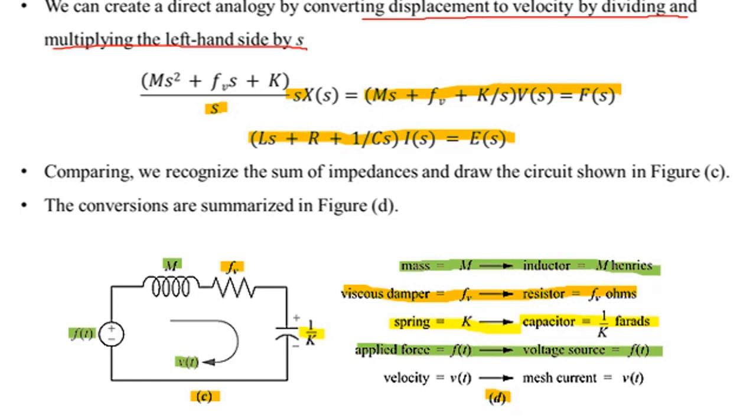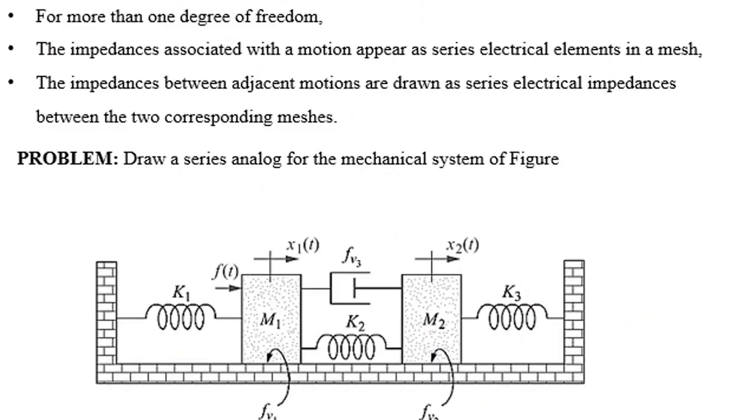Force applied to the system is represented by a source voltage, and velocity of the translational mechanical system is represented by mesh current. So with this, by analogously comparing the behavior of various components, we have made an equivalent electric circuit analog of our translational mechanical system.